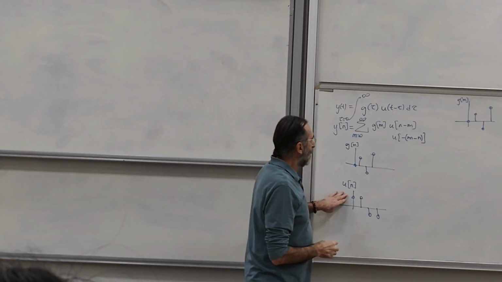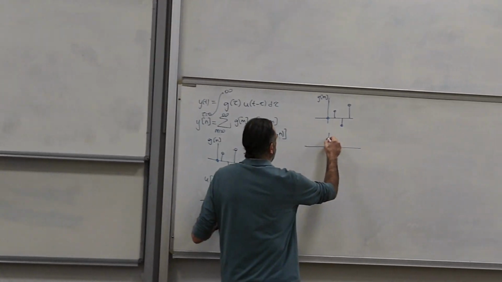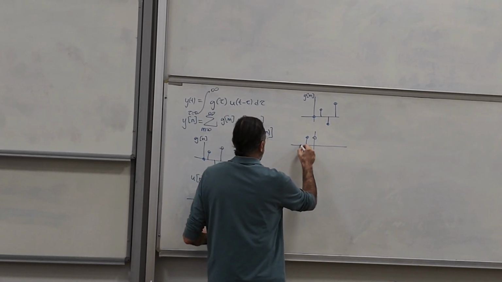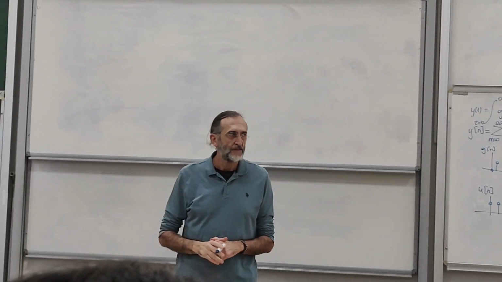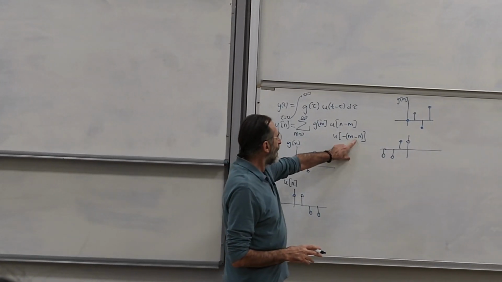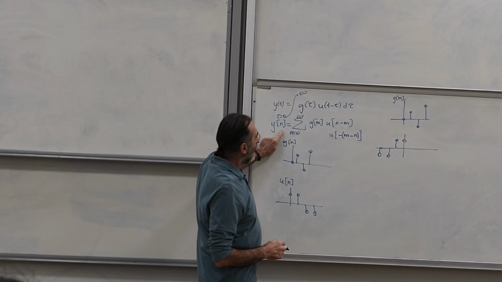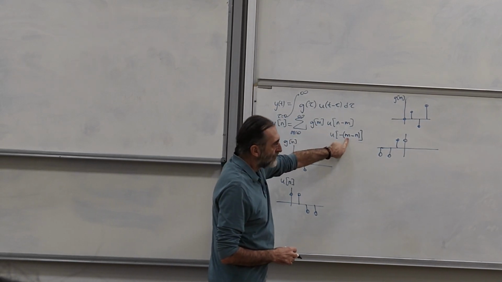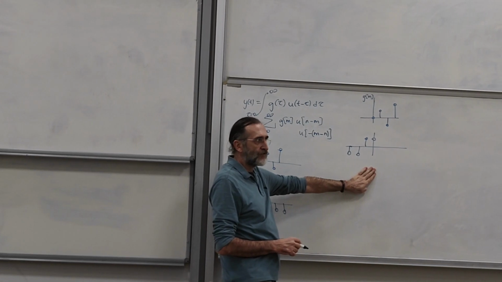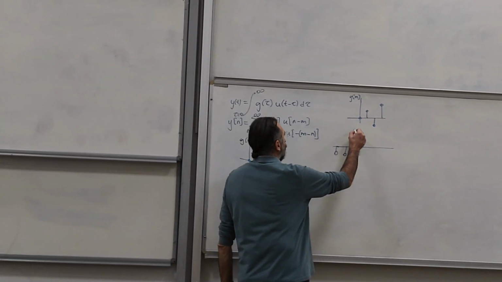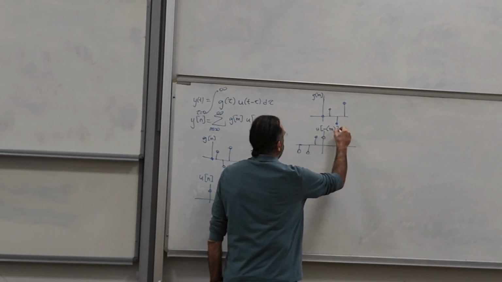And then reverse the U of n: 1, 1, minus 1, minus 1. And then I am leaving the time as it is, n, alright? I am moving on n, but time is what I'm shifting this with. So what I'm going to do is u of minus n here.